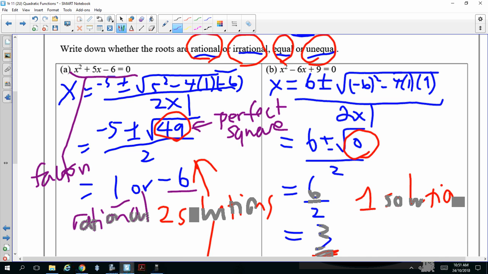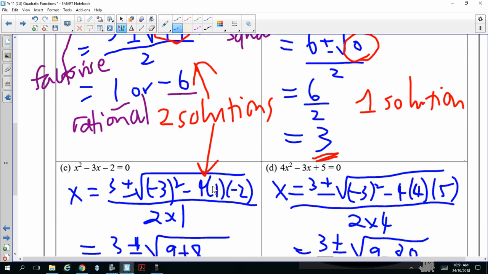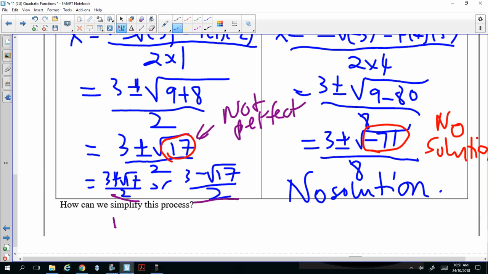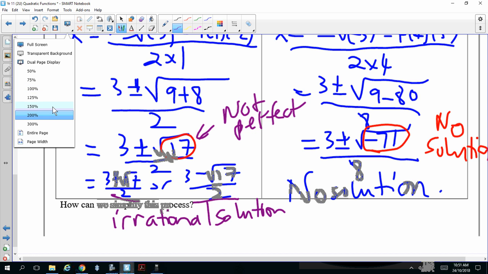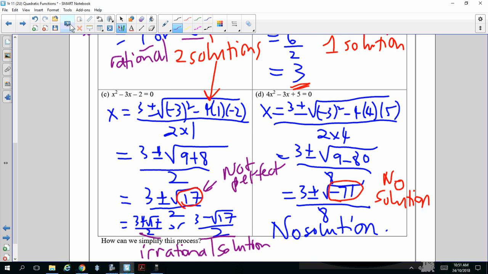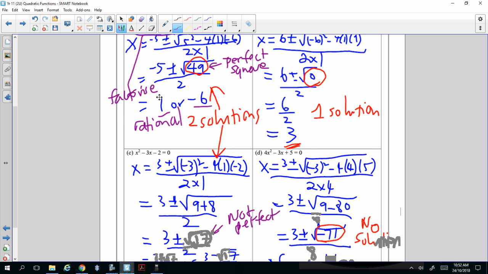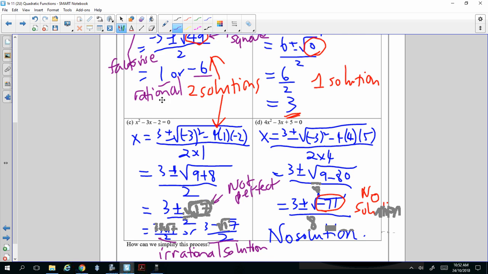If it's not a perfect square, then you get irrational. You get surds. So that's how we know whether the solutions are rational or not, or whether something can be factorized, by just looking at the discriminant. So if you can't factorize something, that means the discriminant is not a perfect square. So if it's a perfect square, you can factorize it. Does that make sense? Okay, so now we can see irrational, rational.